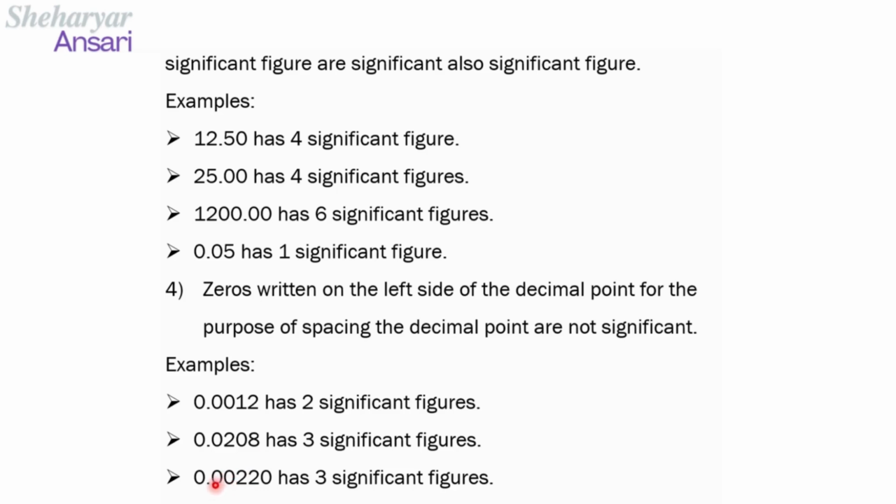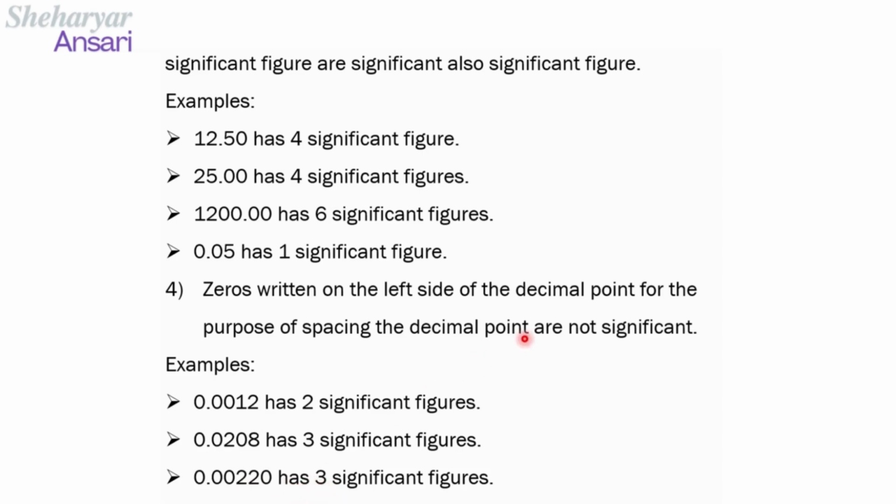The answer is yes, these 0s come after the decimal, but they do not come after any significant figure. But this 0 comes after a decimal as well as a significant figure. So there are 3 significant figures.